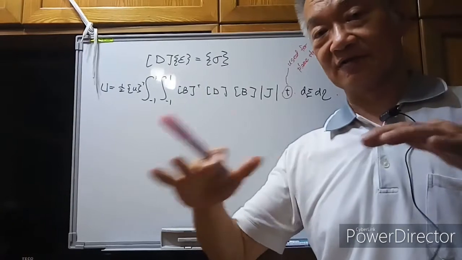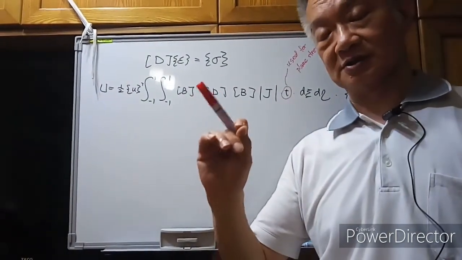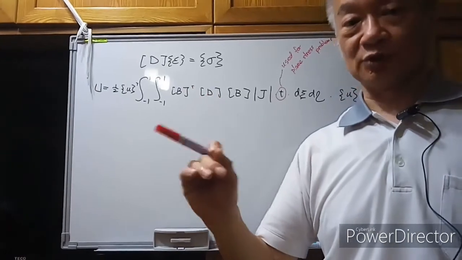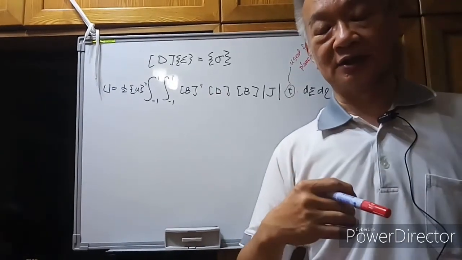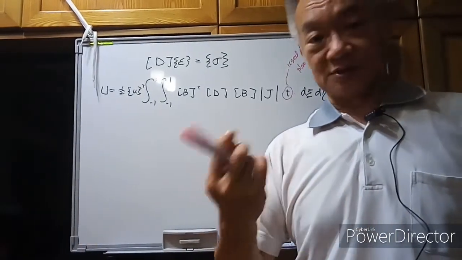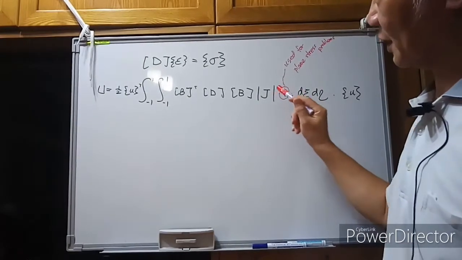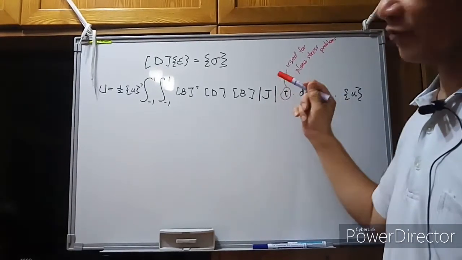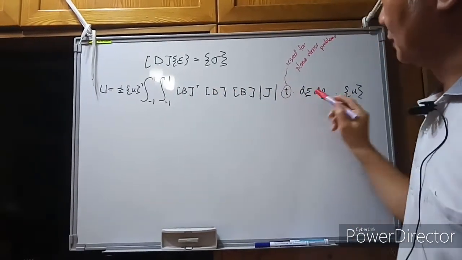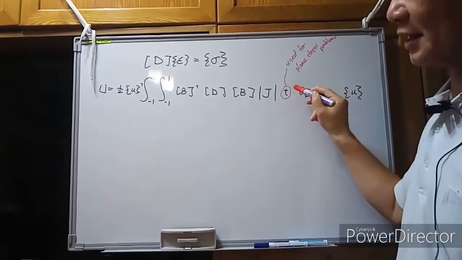a thin plate. The thickness is a relatively small dimension compared to the dimensions on the x and y plane. But we still have the thickness t. So if we need to calculate the volume for this small element, it will be the Jacobian times d xi d eta.